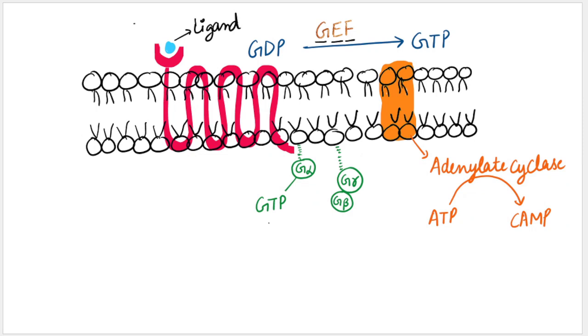This GTP bound, split G alpha subunit of G protein is called the activated form of G protein. In the cell membrane, an enzyme called adenylate cyclase occurs, which is responsible for cyclization of the ATP molecule. After activation of the G alpha subunit, adenylate cyclase acts on ATP and converts it into cyclic AMP.